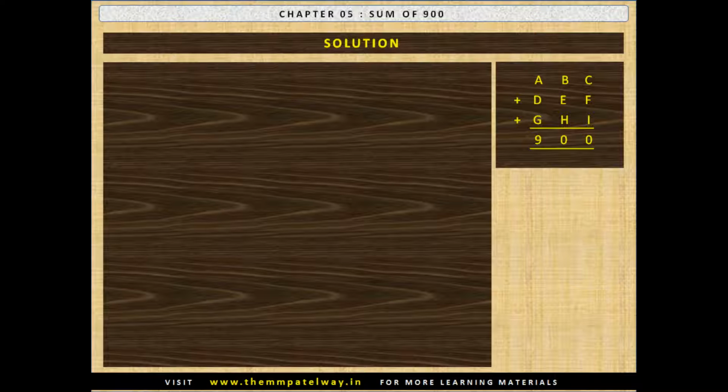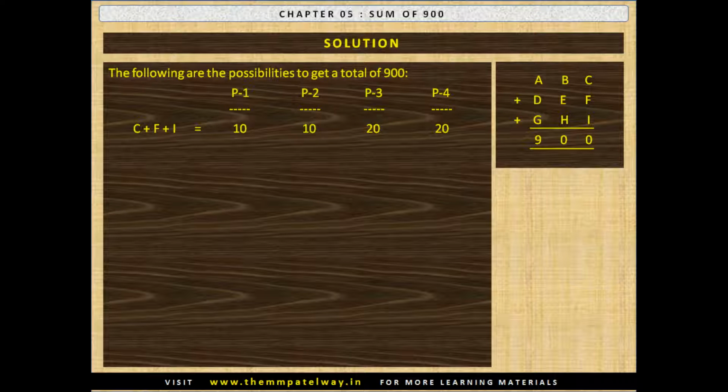Now let us proceed to solve the problem. We will start with the first column, that is the unit column, C plus F plus I, which should be equal to either 10 or 20.